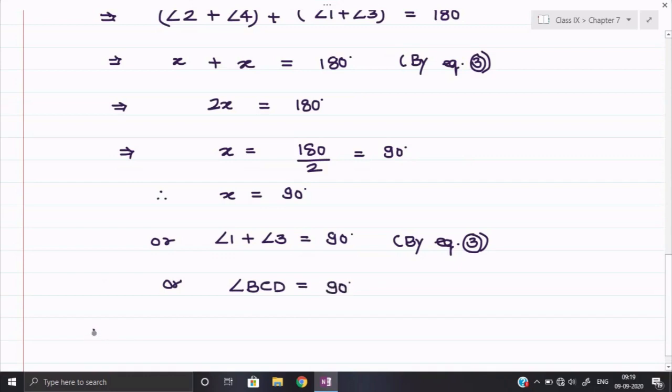So we can say that therefore triangle BCD is a right triangle at C.